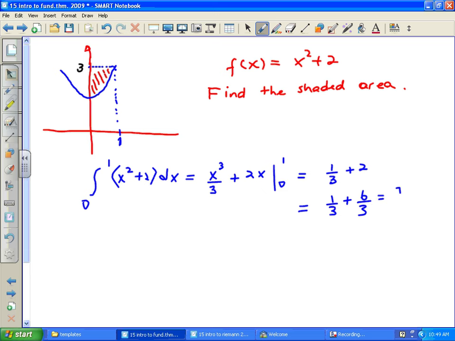So I'm getting 7/3 for the area under the curve. And to finish it off, area shaded equals the big area, as Sandra suggested, 3 times 1, the area of the rectangle, minus the area under the curve, and that gives us 2/3.